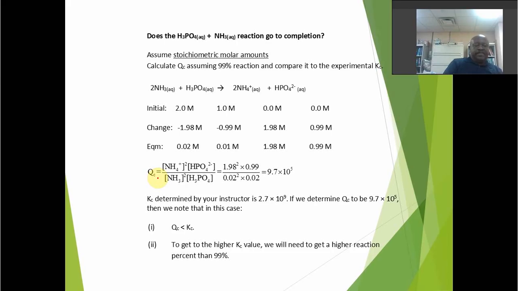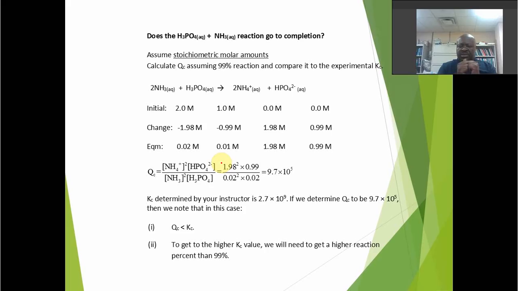Qc. Well, I'll put in the numbers that I hypothesized up there, and I get a number that's 9.7 times 10 to the 5. That looks like a big number to me. That's an equilibrium constant. That's a big number. That suggests that maybe the reaction goes to completion. Well, let's check it out.